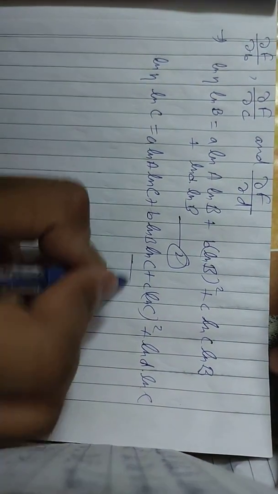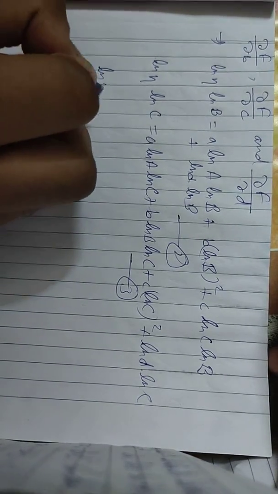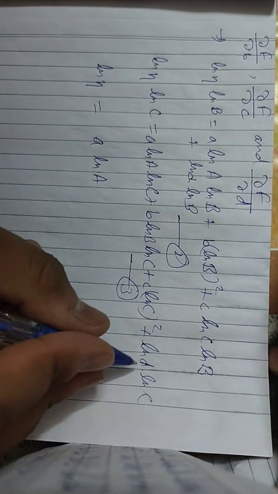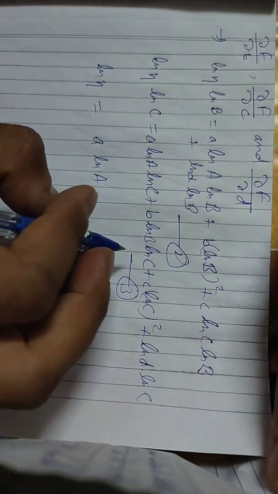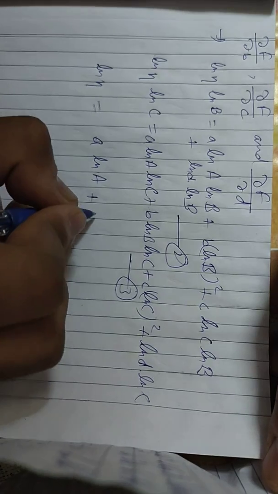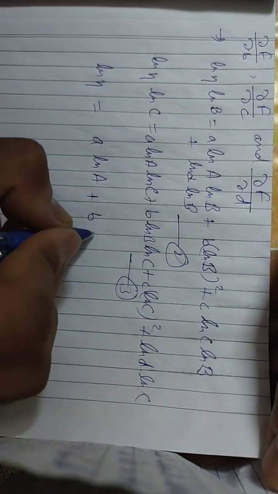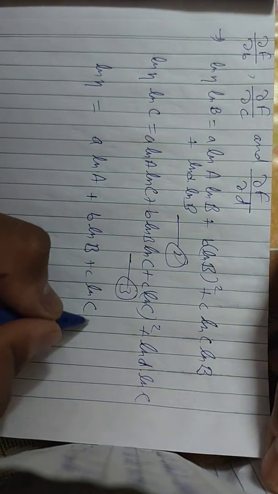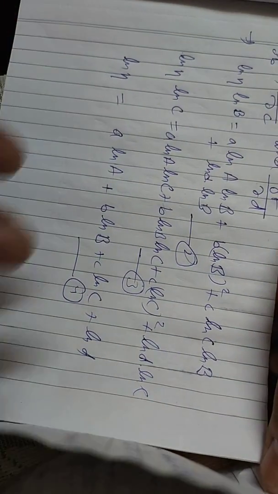The fourth equation will be, because the ln d term will be converted to 1 in the other terms, only ln eta equals a ln A plus b ln B plus c ln C plus ln d.